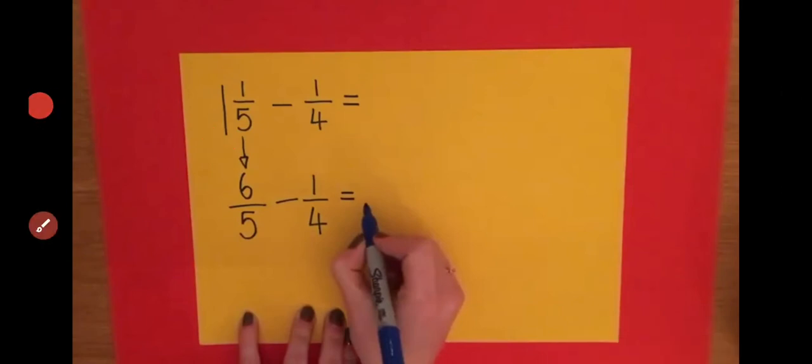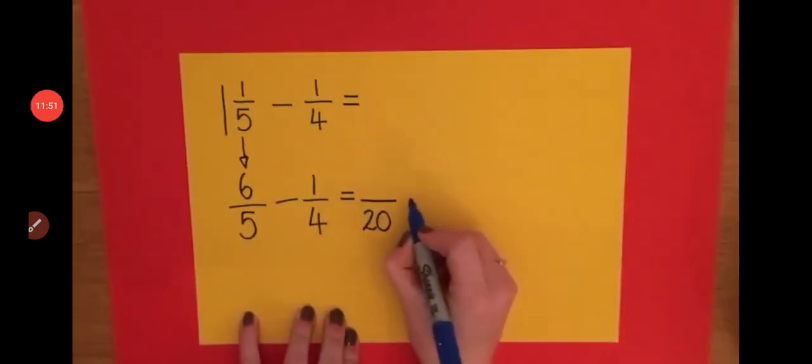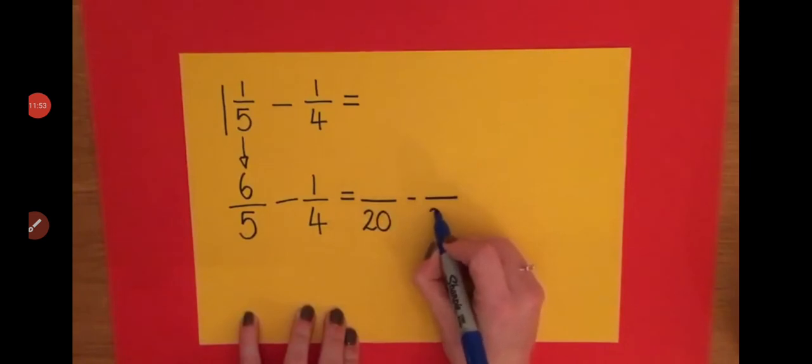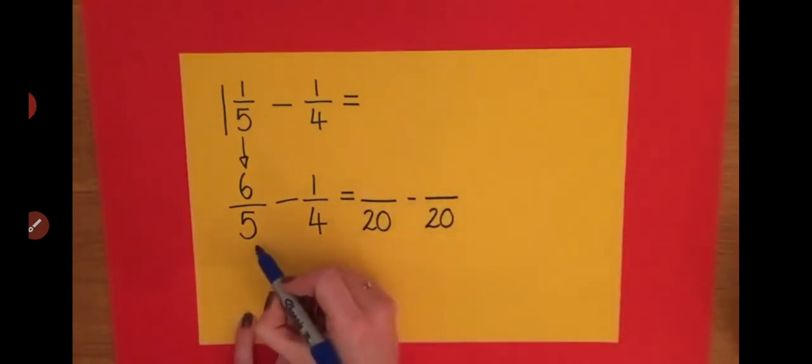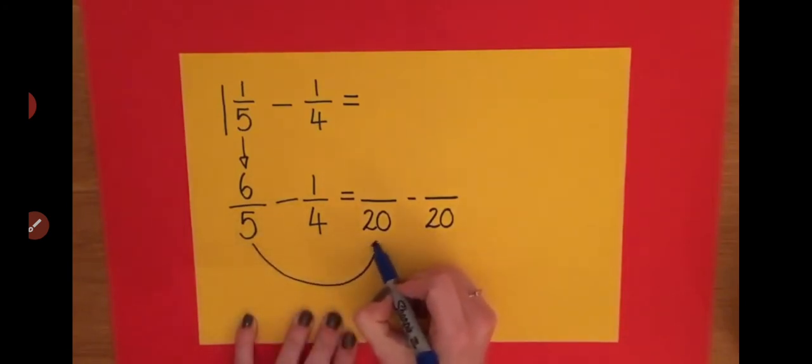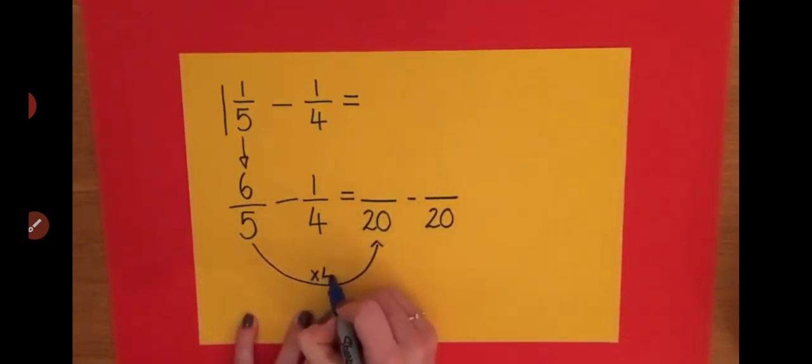Now it is the same question that we have solved, means 5 and 4. 5 and 4 are both co-prime numbers, means they do not have any common factor other than 1. Okay, so we only multiply them, means 5 fours are 20. Okay, to get 20 we multiply by 4.